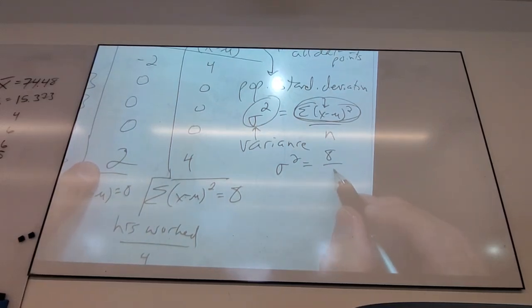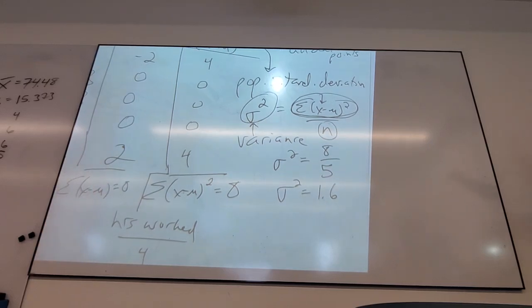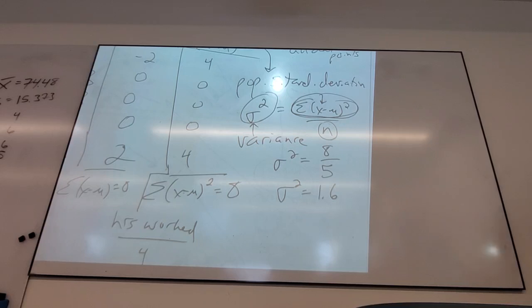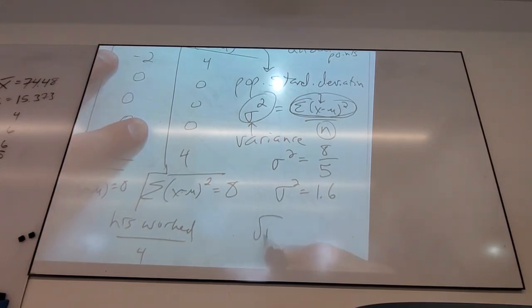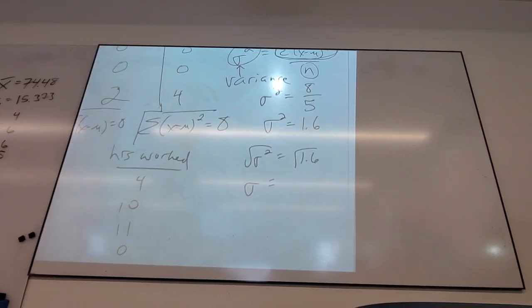Divided by what? 5. So what is that? 1.6. So, that is not the population standard deviation yet. What's the last thing I have to do? Square root. Be very careful. Don't assume you know what that is. It's not 0.4. So in your calculator, what do you get for square root of 1.6?